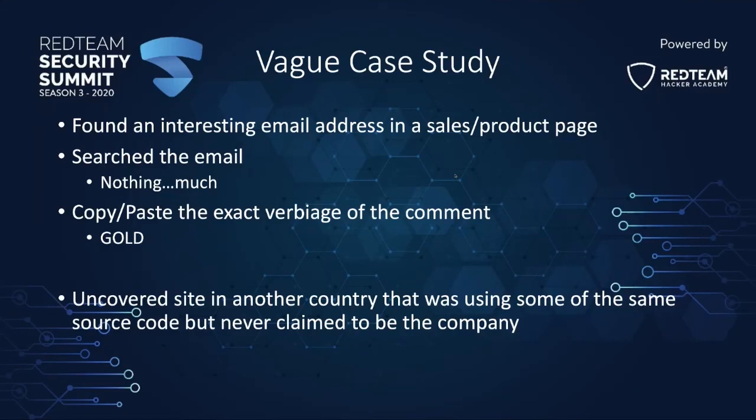Basically, they were using the same CSS, and they'd used HTTrack to clone the website at a point in time, and they didn't have the things dynamically set up. It mimicked the target good enough, though. So basically, they never claimed to be the company, but they were using a lot of the same stuff from the company, and it was in another country.